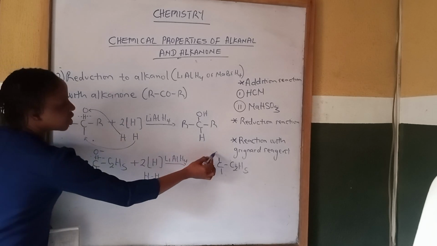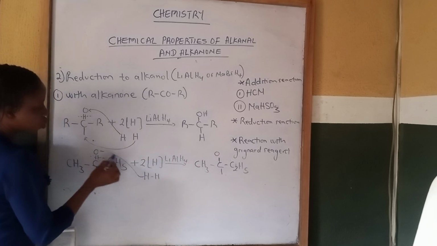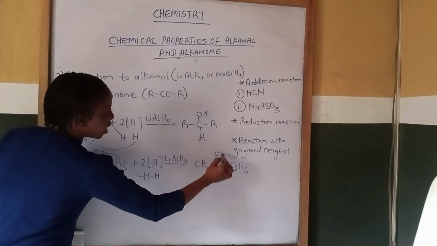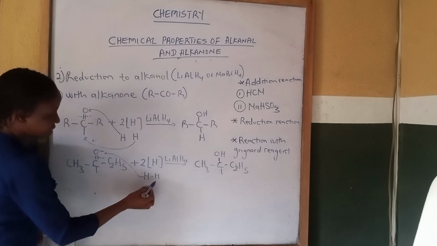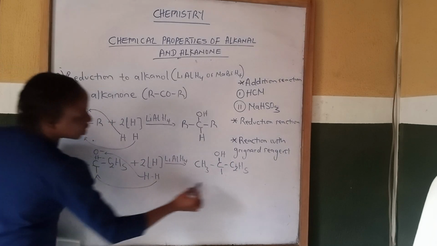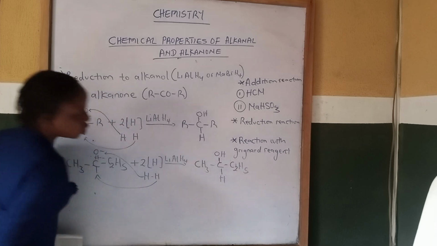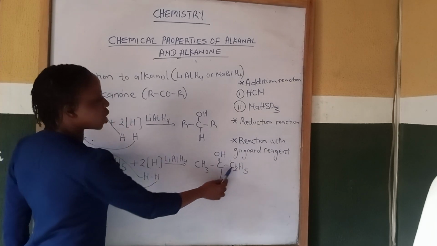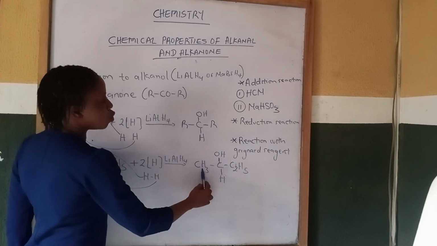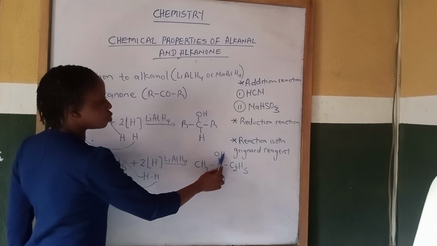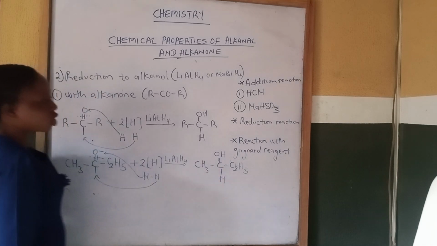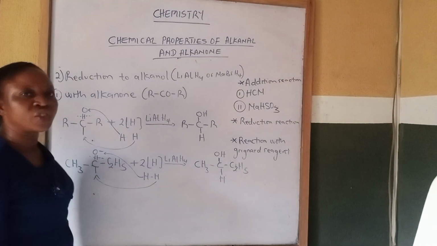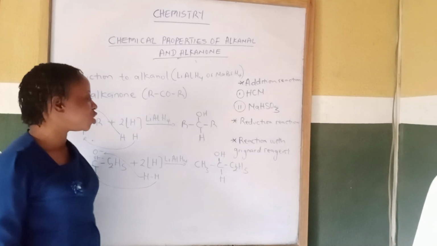So the oxygen here will combine with hydrogen to give us a hydroxyl group. Then the second hydrogen will come to this adjacent carbon atom. So we can see that now we have two alkyl groups bonded to the carbon atom holding the functional group. So the structure belongs to a secondary alkanol.